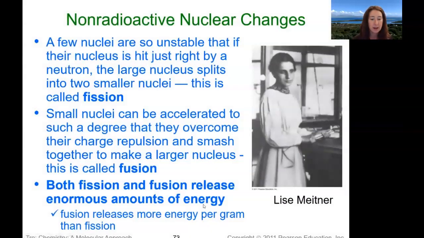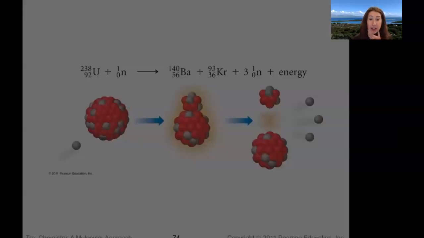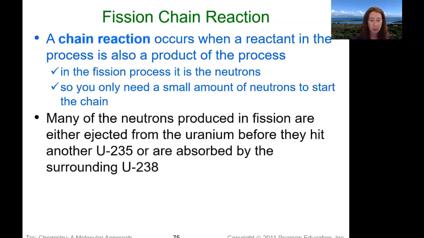This is the backbone of what fission in a nuclear reactor does. A chain reaction occurs when the 3 neutrons hit 3 more nuclei, which then release neutrons, which then hit more. They keep going and going.